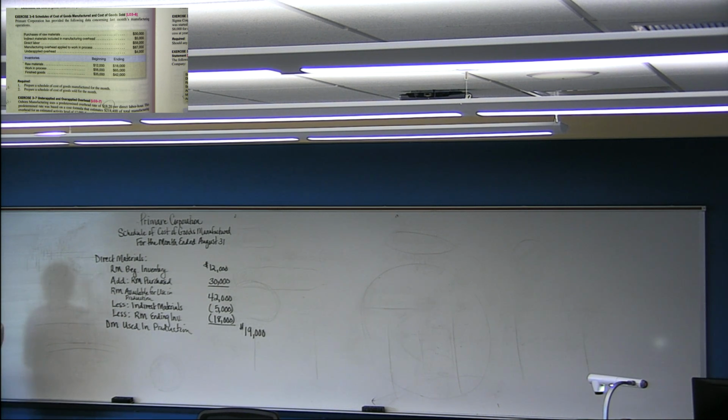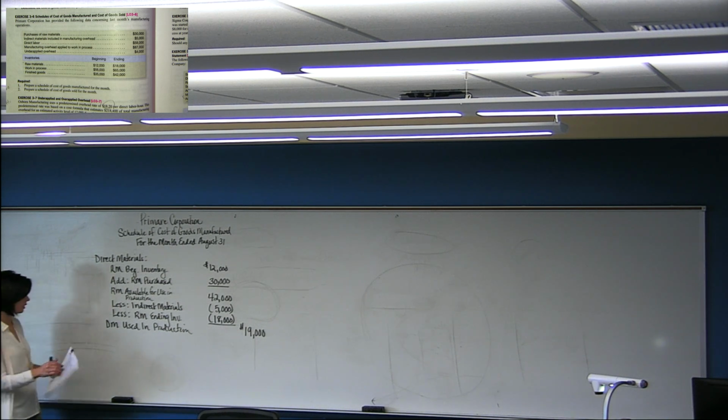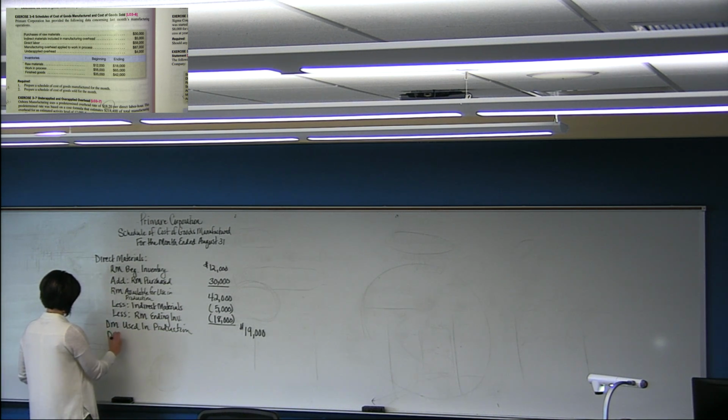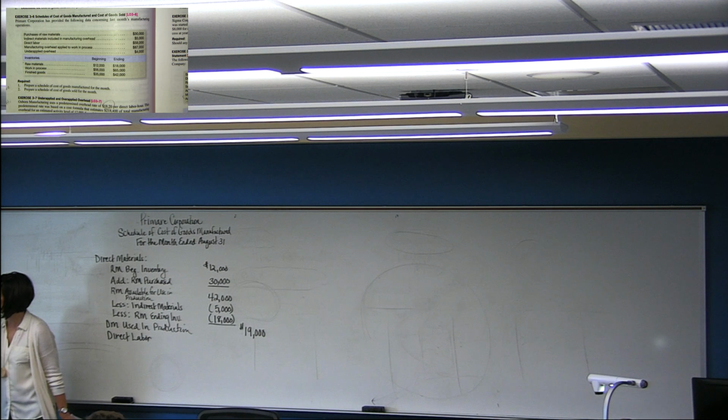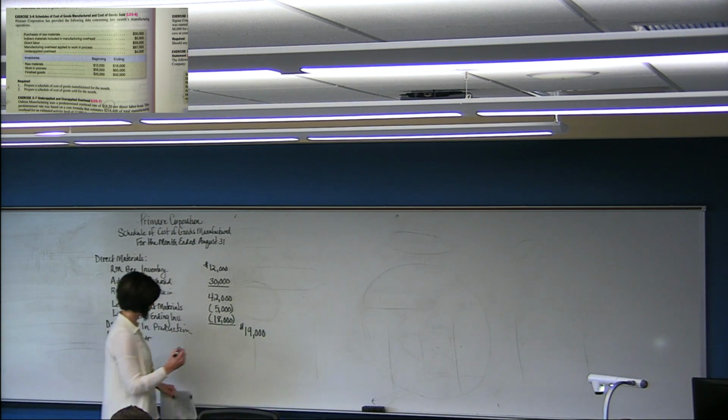So in that middle PowerPoint, all we did was add up direct materials, direct labor, and manufacturing overhead, right? So that's really the next part here. So I have direct labor, which is given in the problem. What is it? 58,000, right? Okay, good.